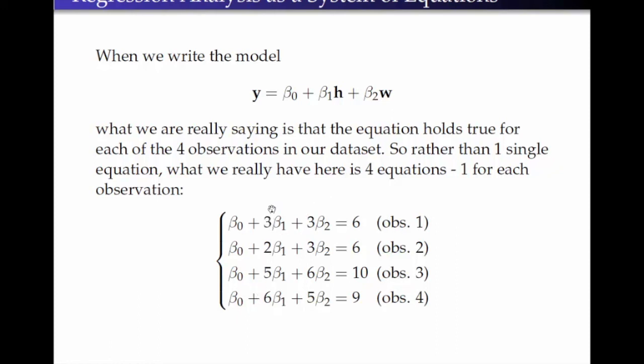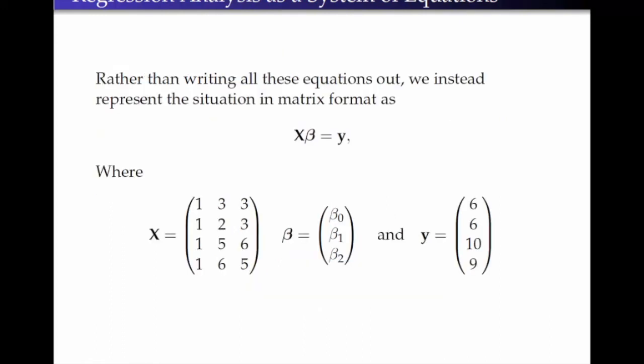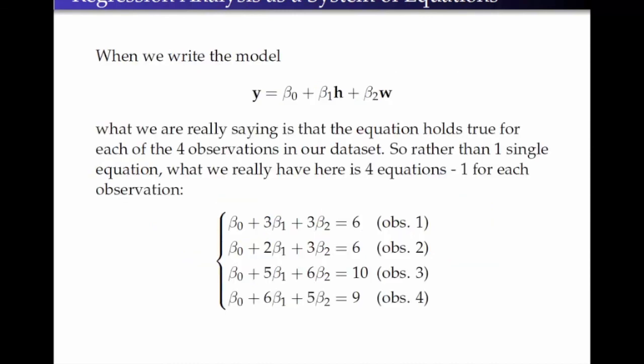So these values filled in here are the heights, the weights of the observations, and the y, or the target variable, of each observation. So we're going to have one equation for each observation. Now, we know from experience that these equations are not going to hold completely. There is no solution, beta 0, beta 1, beta 2, such that all of our data is exactly mapped to the target variable.